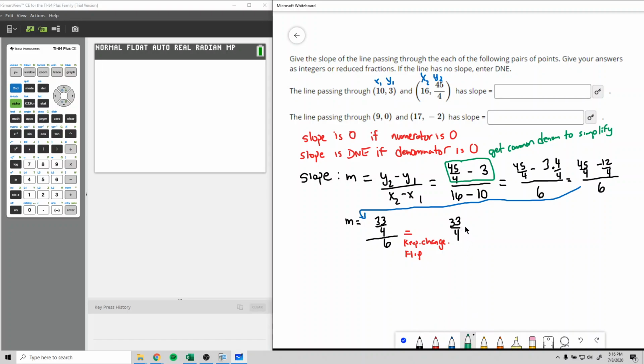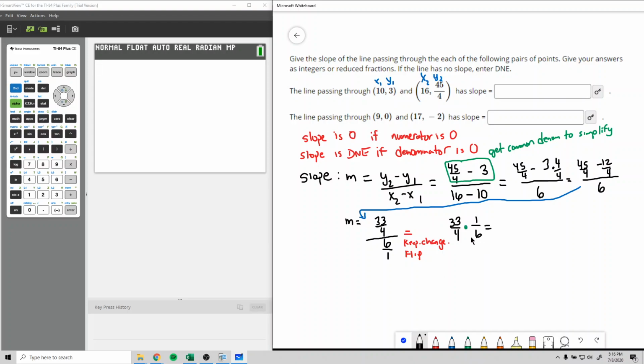We change the division bar to multiplication. And if we think of the bottom as being a fraction, 6 over 1, that's the flip part. So we keep the top, we change the division to a multiplication, and we flip the bottom. So it goes from 6 over 1 to 1 over 6.